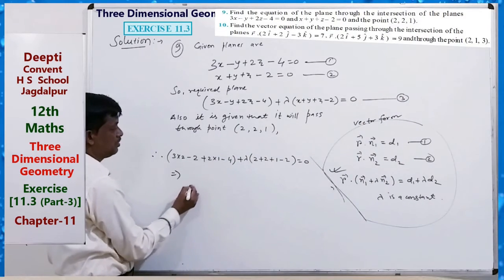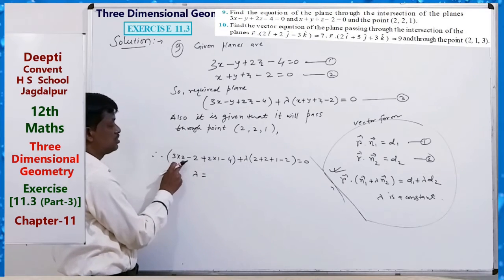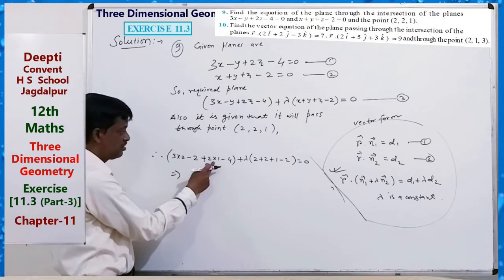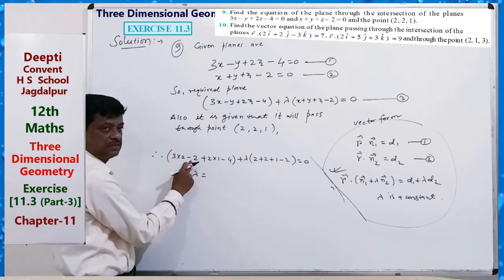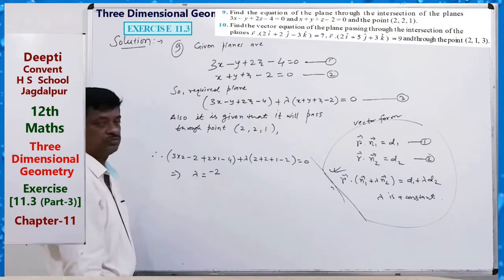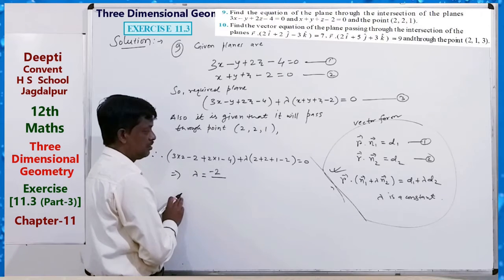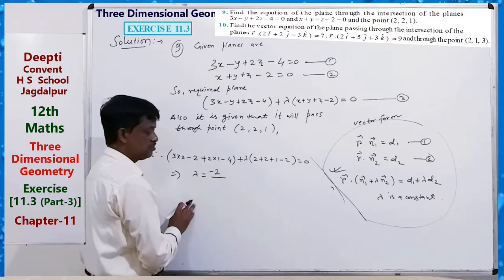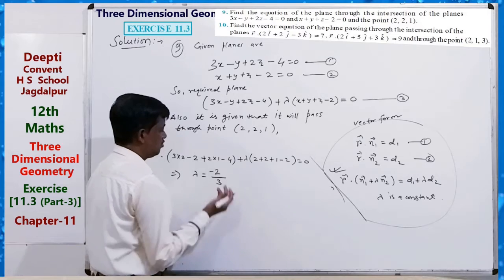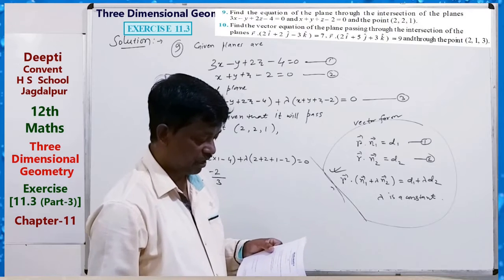So just find the value of lambda. 3 into 2 is 6, plus 2 is 8, minus 2 minus 4, that is 2, plus lambda into 3 equals 0. Transferring to the right-hand side, minus 2 upon 3, so lambda equals minus 2 by 3.